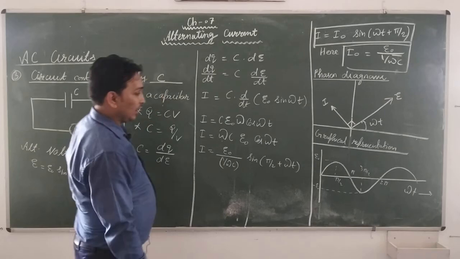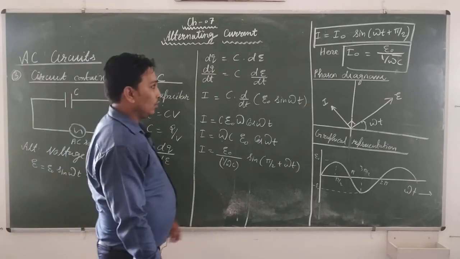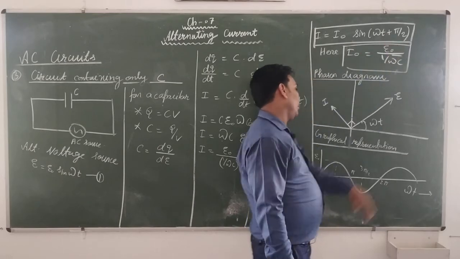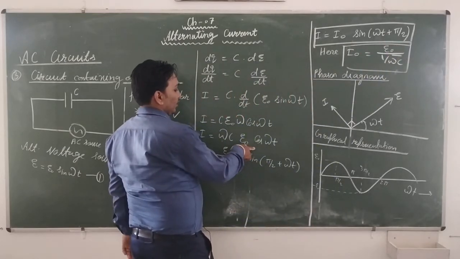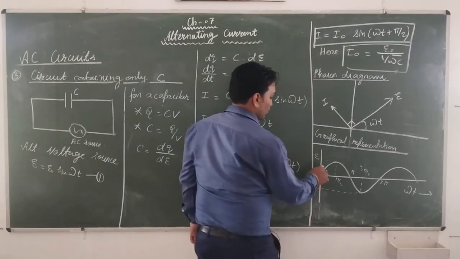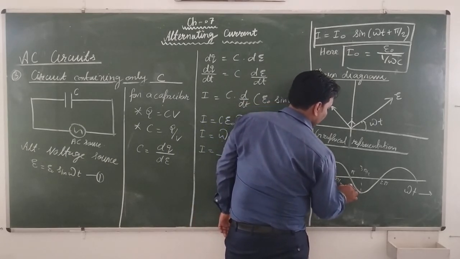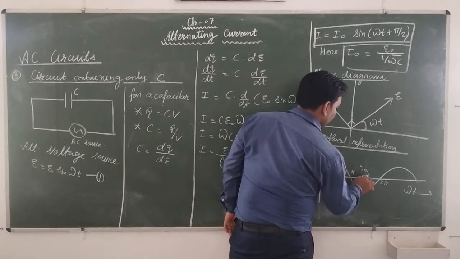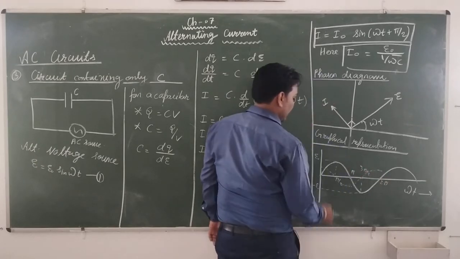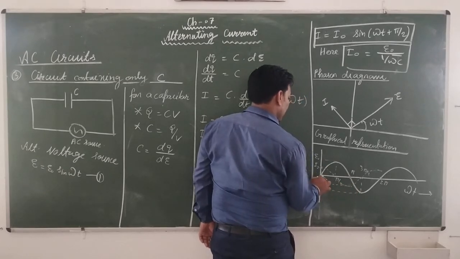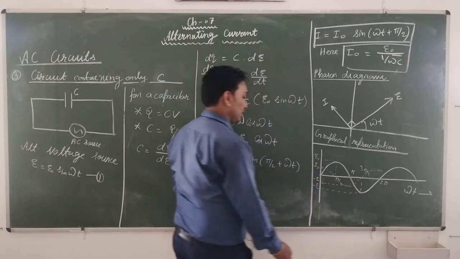How will the graph of current look? Current is sin (omega t plus pi by 2). If it is difficult to interpret from here, just interpret from here. It is cos omega t. And the graph of cos omega t is something like this. So this is I naught, and this is minus I naught.